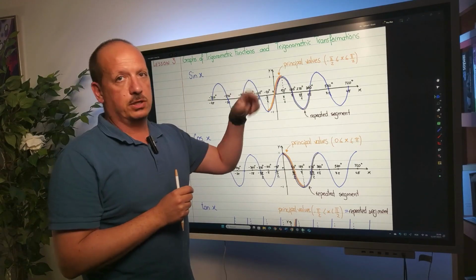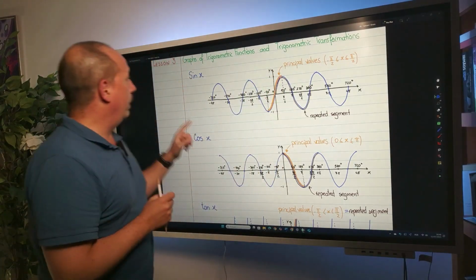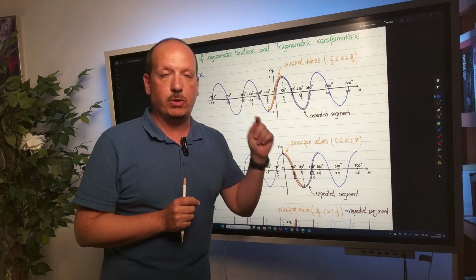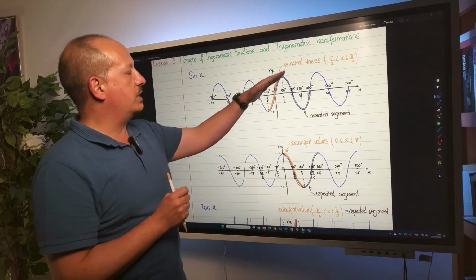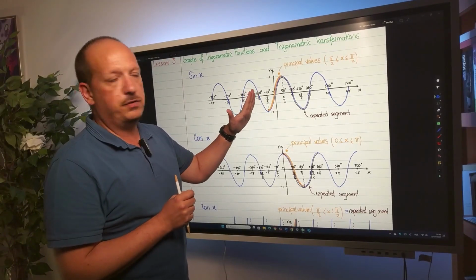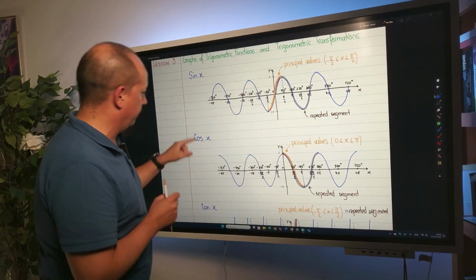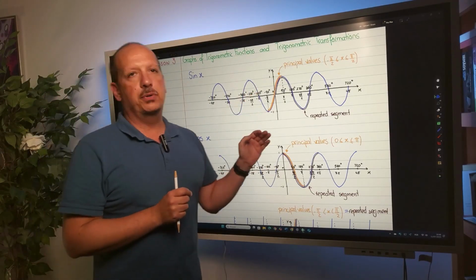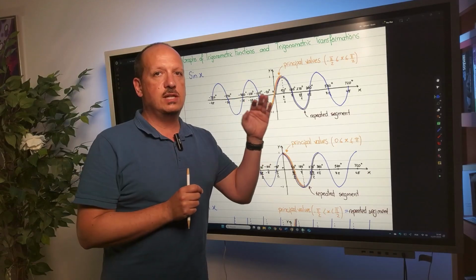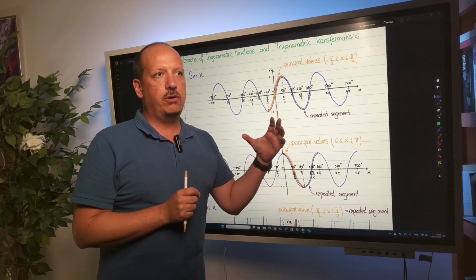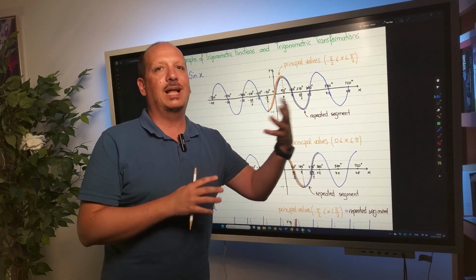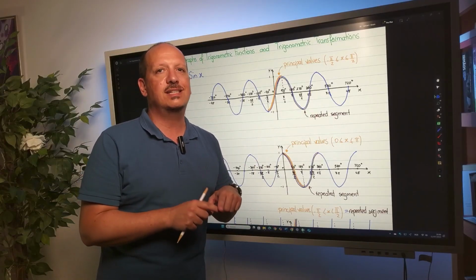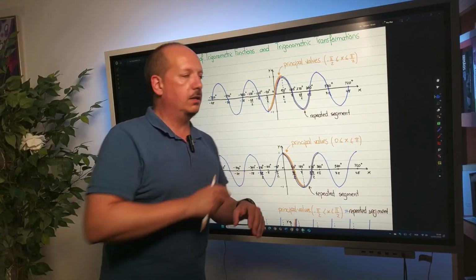This is going to be important later on in the next lesson when we deal with trigonometric equations, okay? You will need to understand that the values that the calculator gives you are just these, and each one of the other two trigonometric functions will have their own principal values, and you have to use this knowledge to try to figure out other possible angles that are not contemplated in the answers that the calculator is giving you. But more on that in the next lesson.